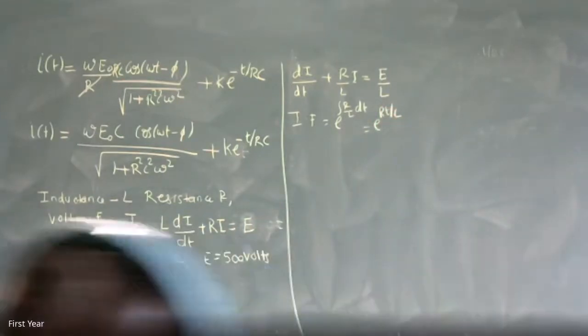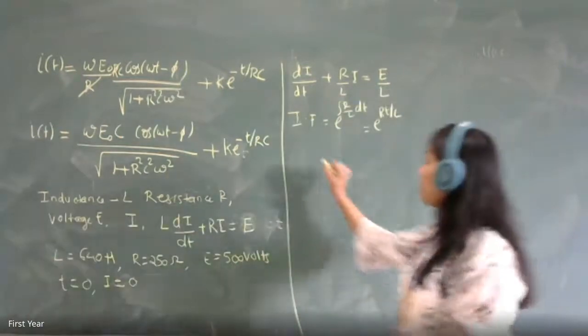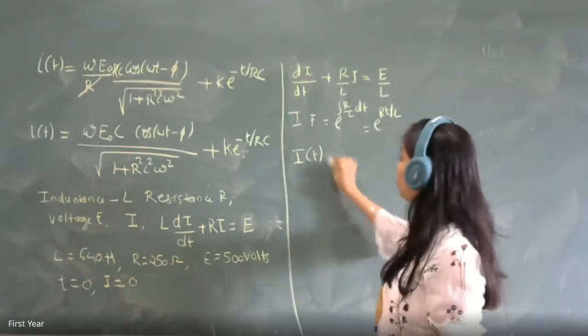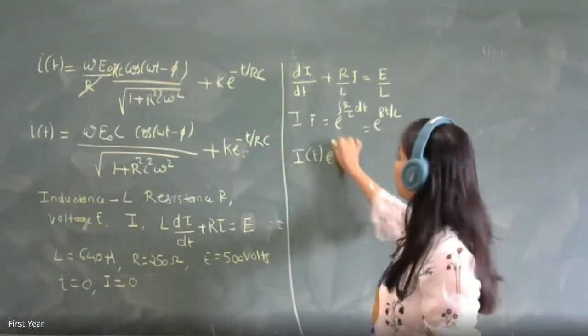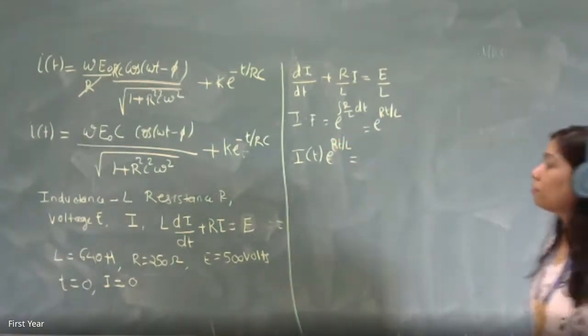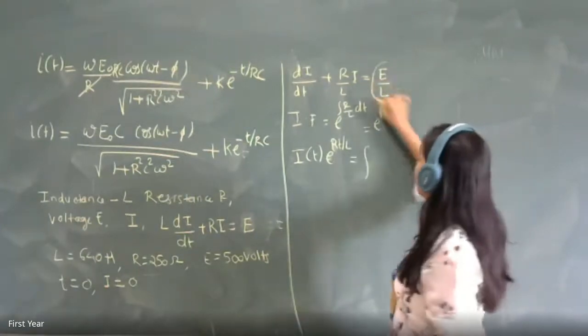Correct? Now let us go to the solution. You are going to find the current flowing in the circuit. This is a solution of a linear differential equation: I of t into e raised to Rt by L is equal to integration of Q. What is Q?